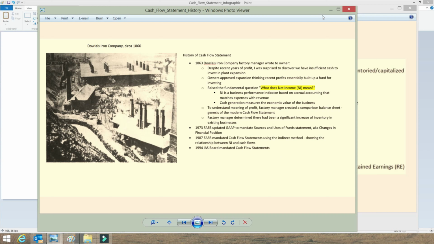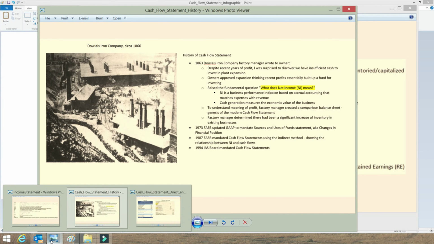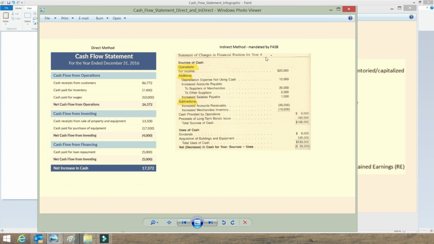Let's take a quick look at these two different styles or formats of the cash flow statement that FASB and the IASB have mandated to be used. Actually, the indirect method is the only one shown here on the right. But let's start off with the direct method, which is also used by some. It is, as the name implies, a more direct way to show the starting cash and then what the net change in cash is. But there are some challenges with putting together this kind of cash flow statement, particularly cash receipts from customers.